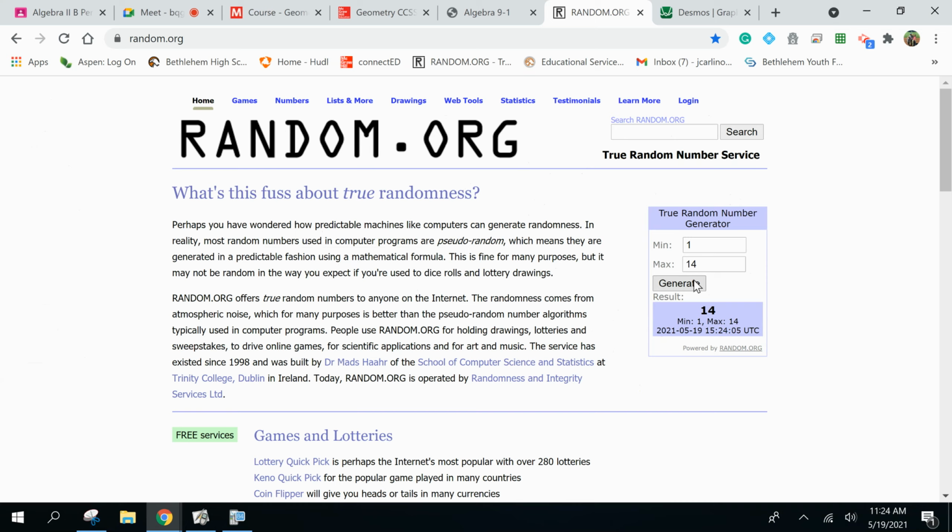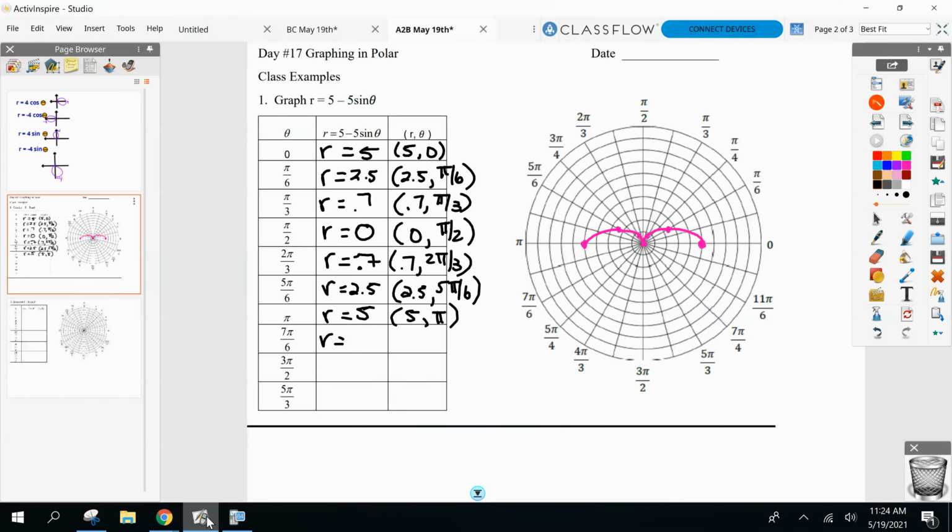I'm sure it did. Yep. Kian, back to you then. 7 pi over 6. 7.5. Yep. 1, 2, 3, 4, 5, 6, 7.5. Look at this graph. Look at this beaut.